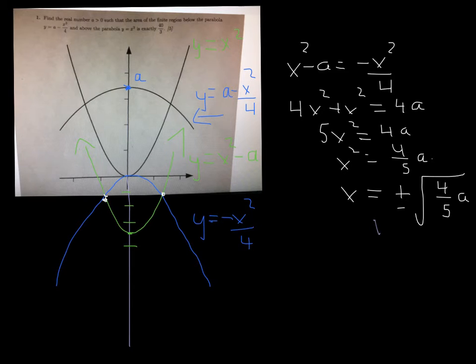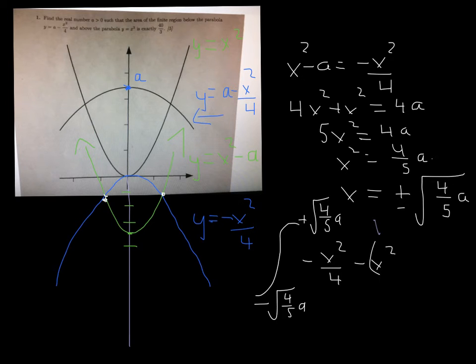So now what we can do is actually find the area between the two curves from positive root 4a over 5 to negative root 4a over 5, or the other way around if you want to say it like that. And we start with the top curve, which is negative x squared over 4, and we subtract the bottom curve, which is x squared minus a, like that, dx.